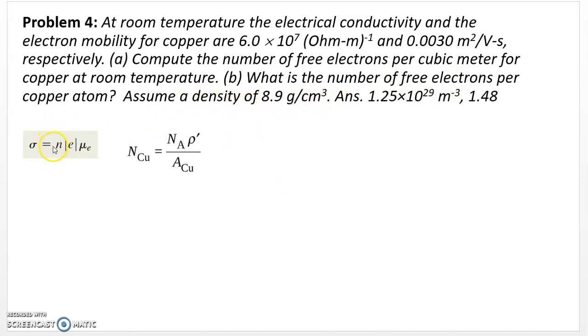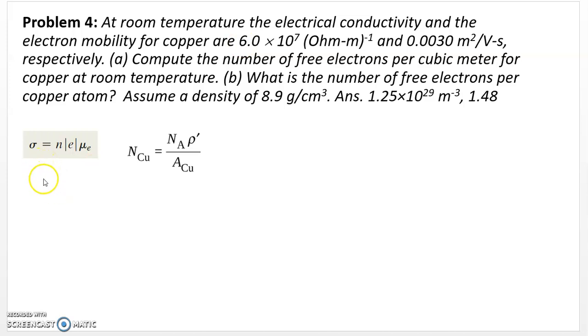We can use this expression for finding the number of free electrons, where n is the number of free electrons, e is the charge on the electron, mu_e is the mobility of copper electrons, and sigma is the conductivity.